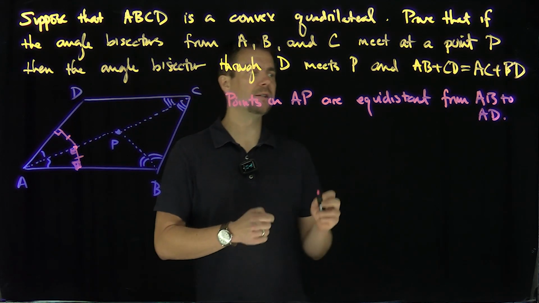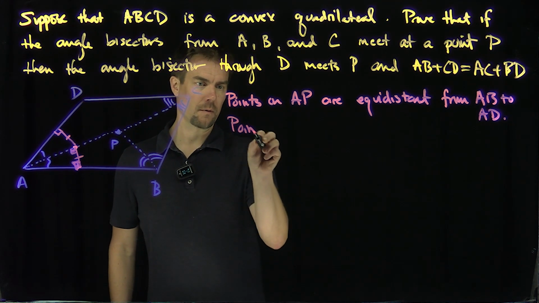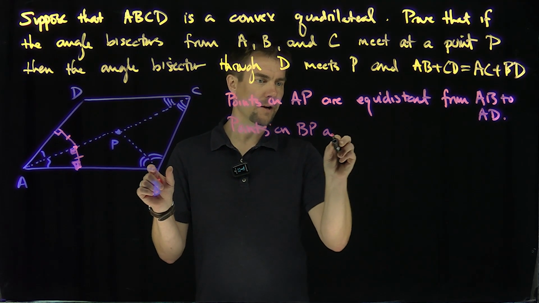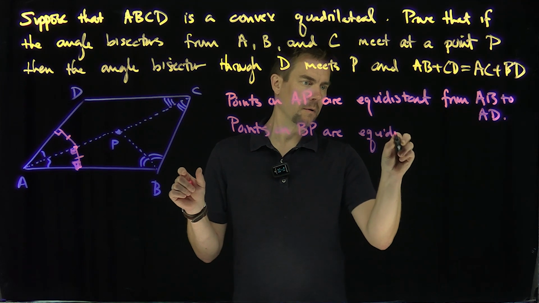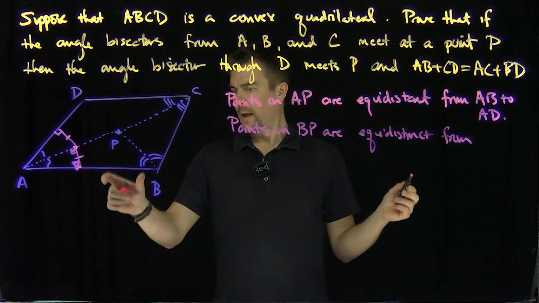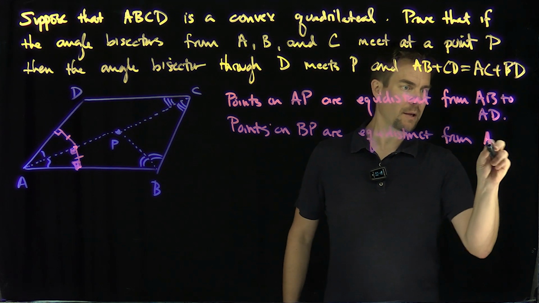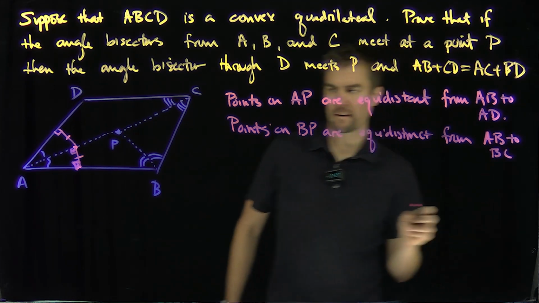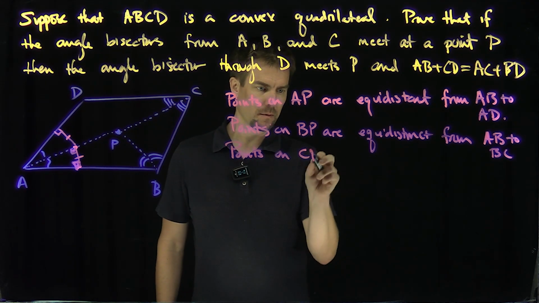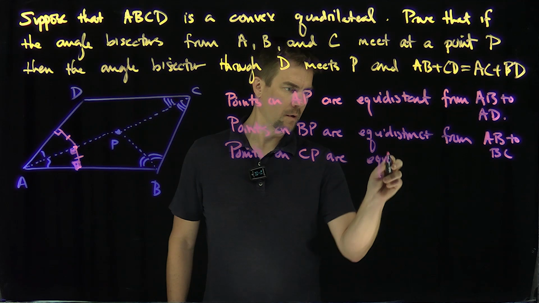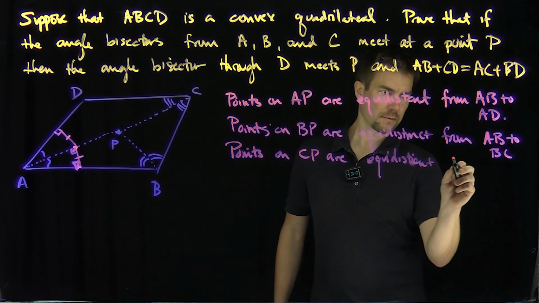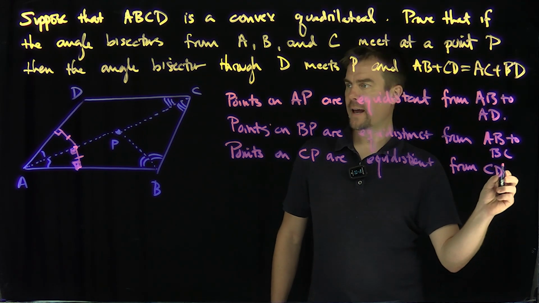Great. Now apply the same reasoning, right? So points on BP are equidistant from AB to BC. And finally, points on CP are equidistant from CD and BC, right?